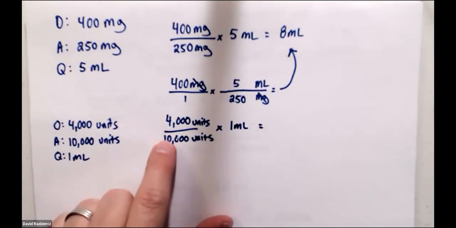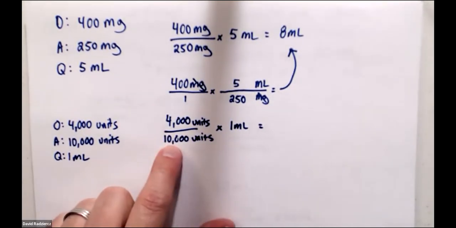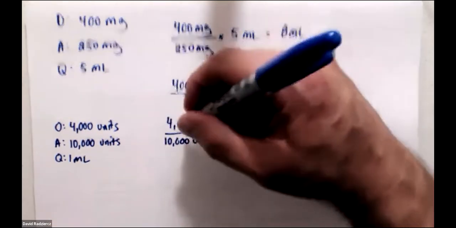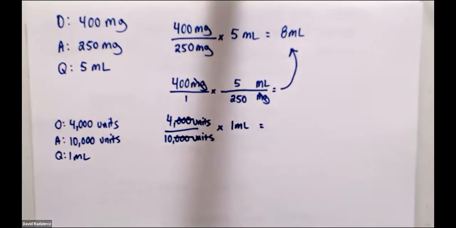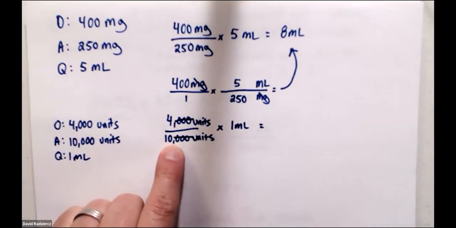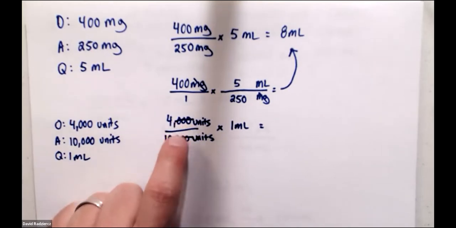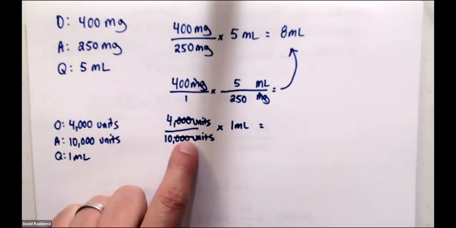Now, if you ever get hesitant about plugging these types of big numbers into your calculator and you're afraid you're going to put one too many or one too few zeros, one thing you can do, and this is just something to practice, is look at the number of zeros. I have 3 zeros here and 4 zeros here. I can mark out 3 zeros as long as I can also mark out 3 zeros.